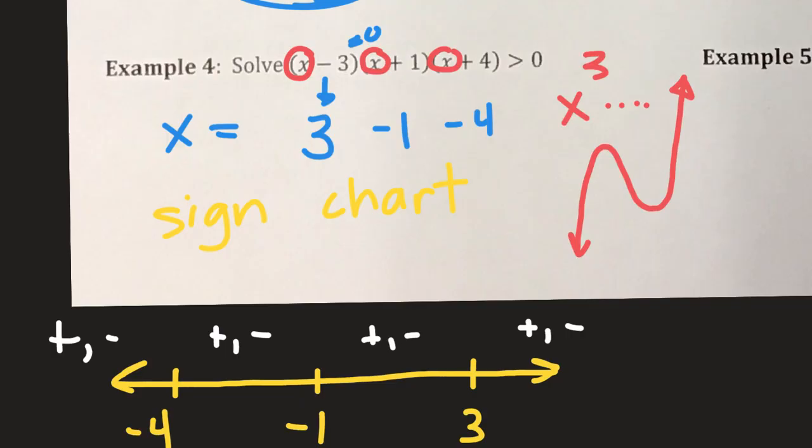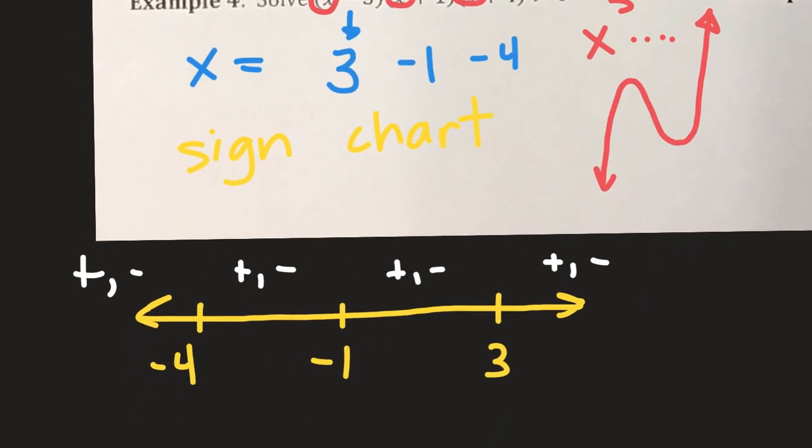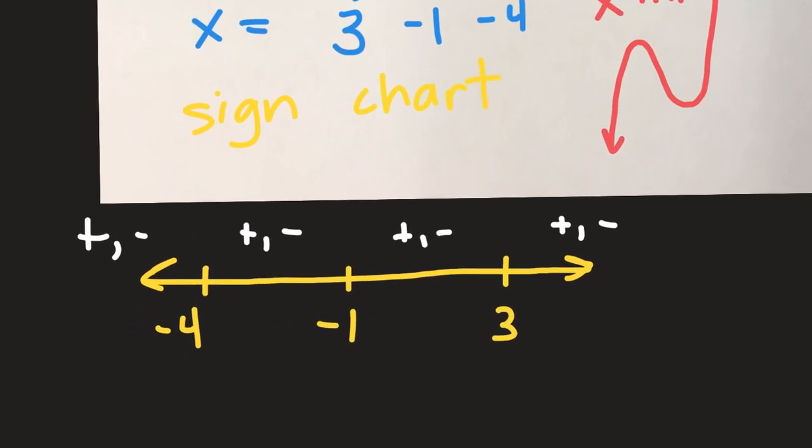All positive cubics look like that. So if we apply that to our graph here, we're going to come up through negative 4, go back down at negative 1, because it's all multiplicities of 1, and then come back up after positive 3. This is what the graph of our cubic is going to look like.